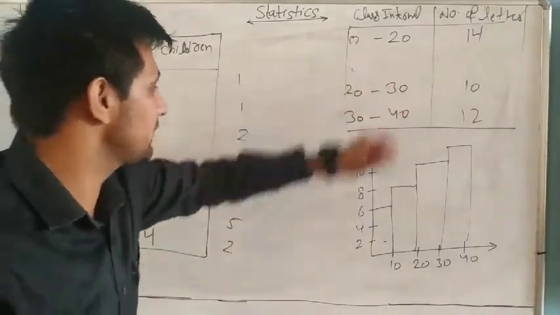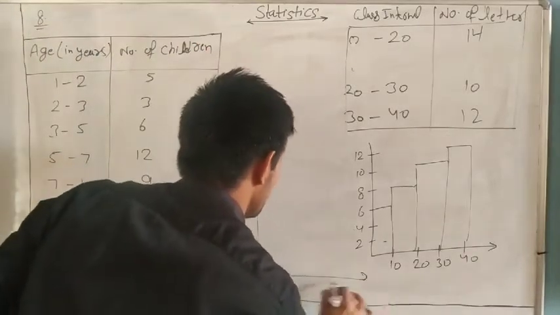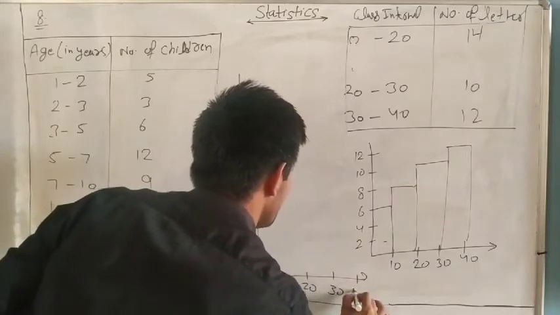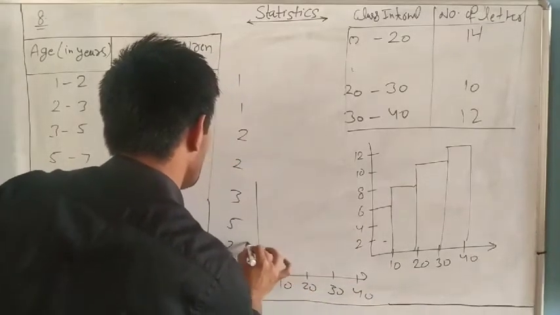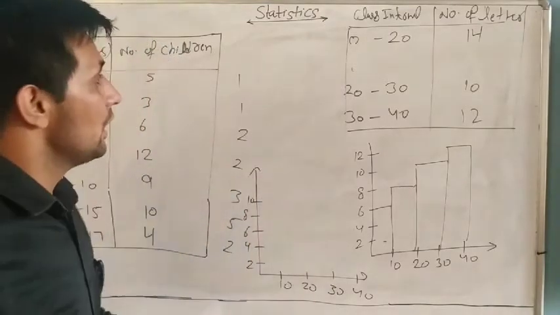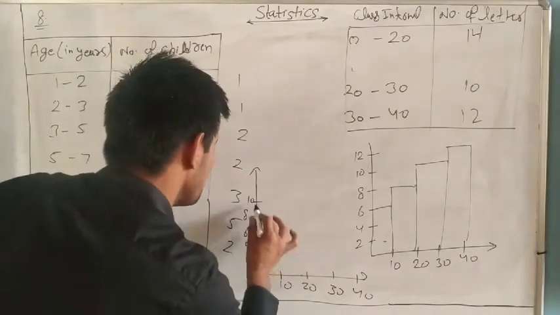And in the same way, if you want to represent this data in a graph, it is very difficult. We have 0, 10, 20, 30, 40 and 2, 4, 6, 8, 10. So what is 0 to 20? How much? 14.